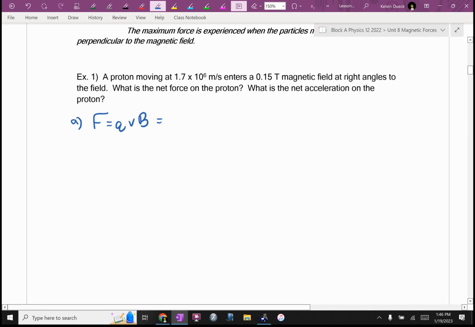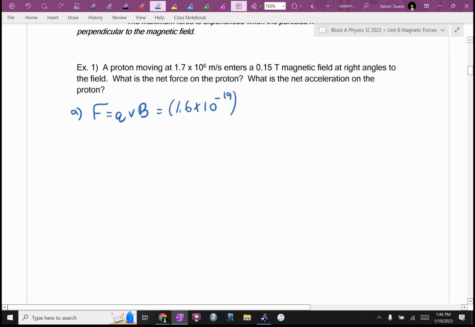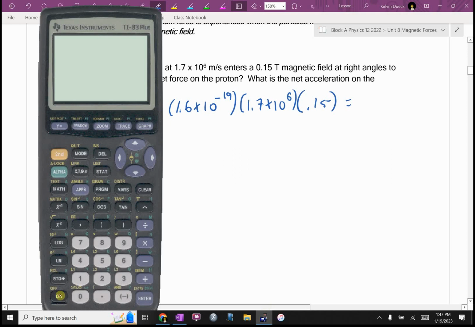It's a proton. 1.6 times 10 to the negative 19, that elementary charge. v, 1.7 times 10 to the 6th. B, that's the magnetic field strength in Teslas, 0.15. How many newtons of force will this proton experience?